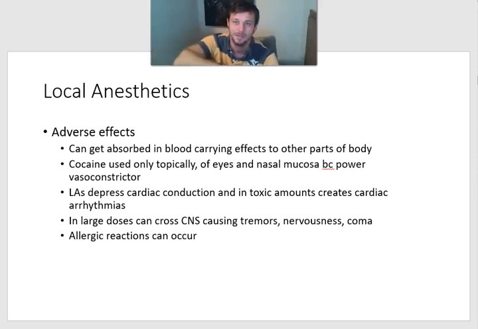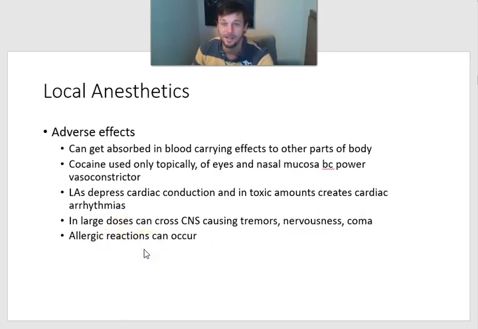You can't just cover your whole body in local anesthetics because that's too big of a dose and can cause coma or death. And so you got to make sure to do the bare minimum, right? Don't go overboard on this stuff because you can give heart attacks and comas.